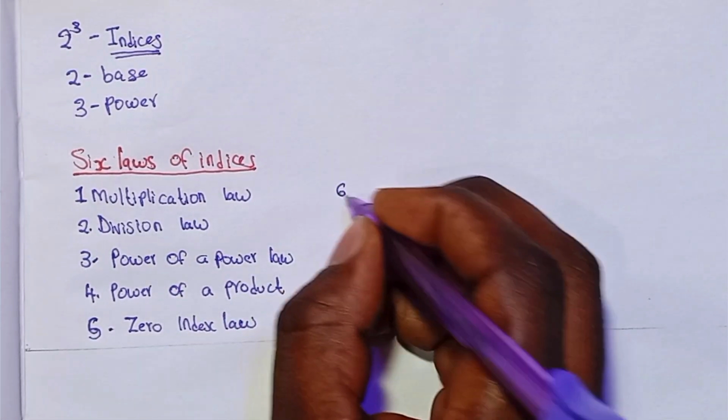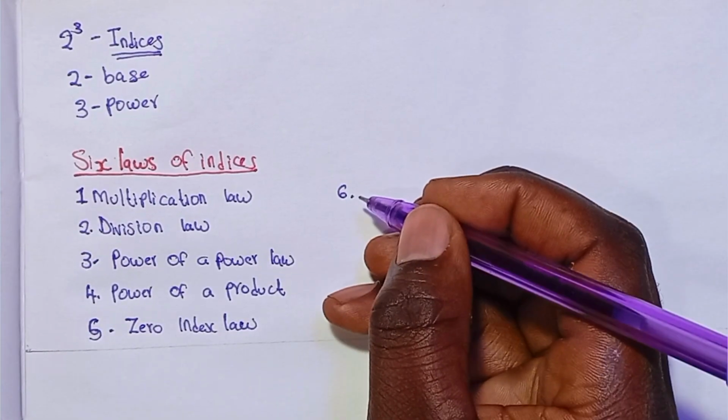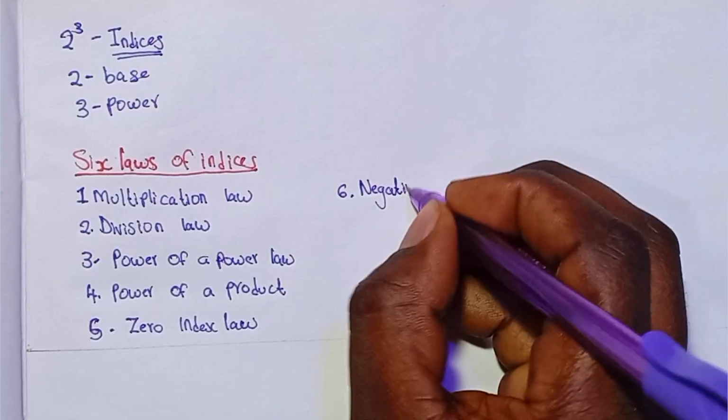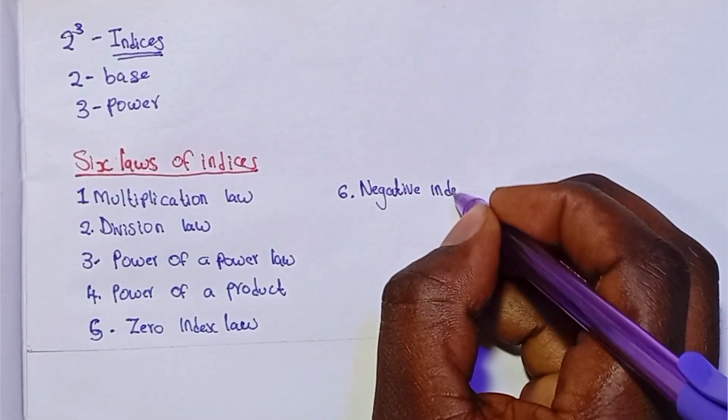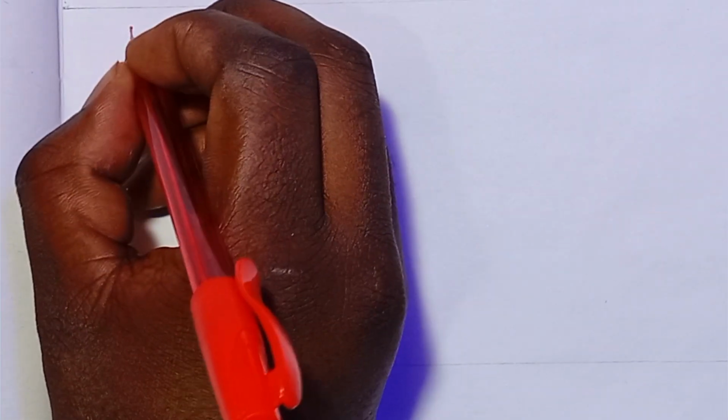And number 6 we are going to have negative index law. So without wasting any time, let's jump to multiplication law as our number 1.